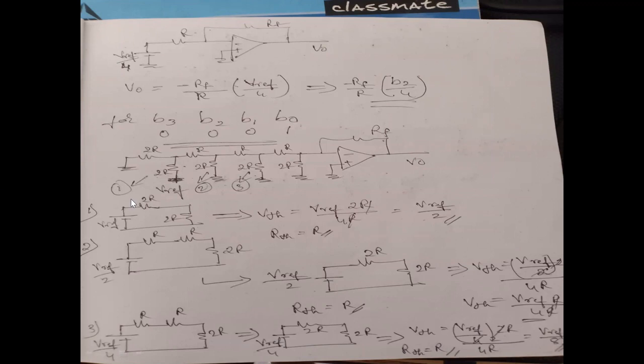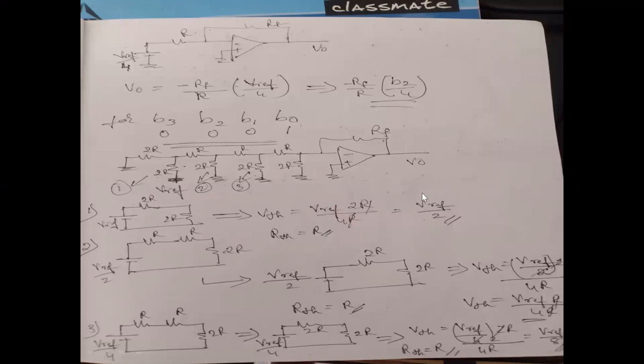When you simplify this, 2R in parallel and voltage source VREF, VTH would be VREF into 2R divided by 2R plus 2R, 4R. So V reference by 2, and RTH would be 2R in parallel, which you obtain as R.